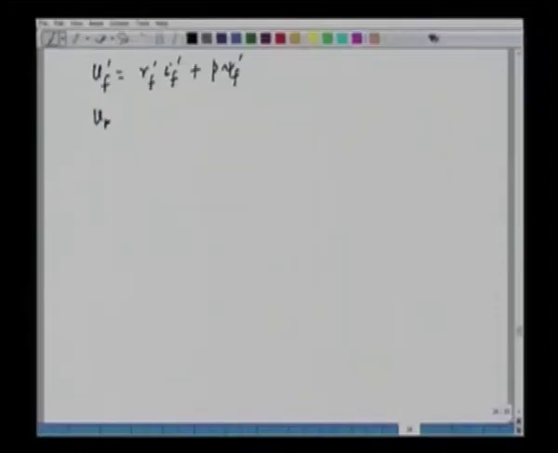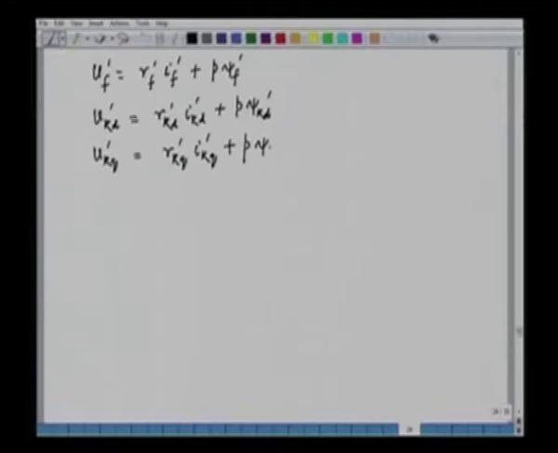We can similarly have VKD prime equal to RKD prime IKD prime plus P psi KD prime, and VKQ prime is equal to RKQ prime IKQ prime plus P psi KQ prime. And these equations can be written in a matrix form.